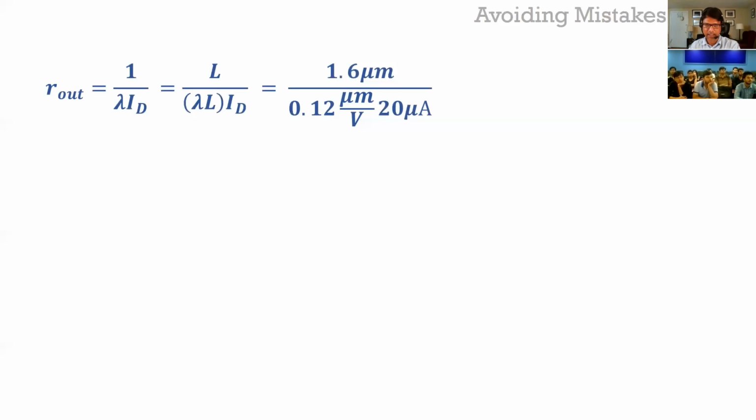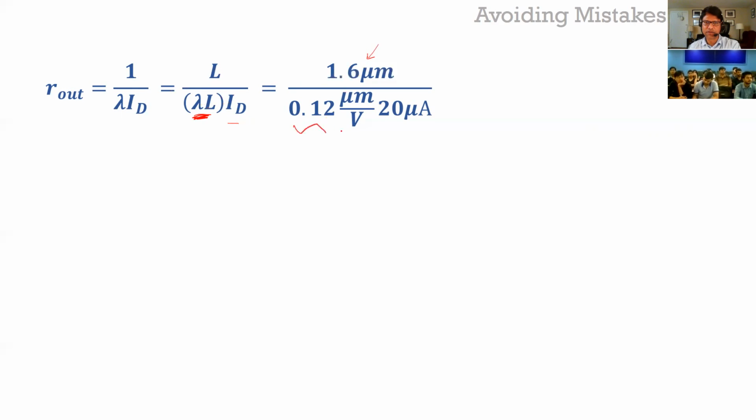This is what I like: I always like to write the units. So once you write the units, for example, 1 over lambda ID is L over lambda L, and this is something you get from that table 1.5. That's a technology parameter, and this is ID, right? So length is usually in micrometers, right?